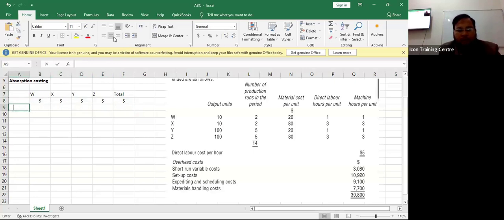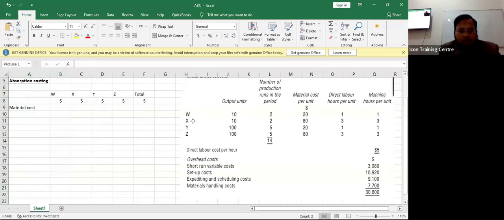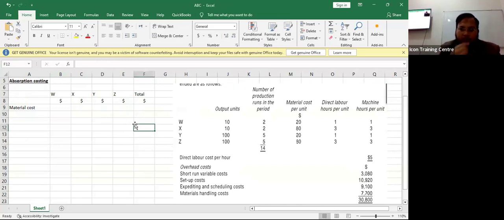Okay, first we take material cost. How much material cost is incurred? Just have a look at the question. It's $20 per unit, right? And how many units are you going to produce? 10 units, right?